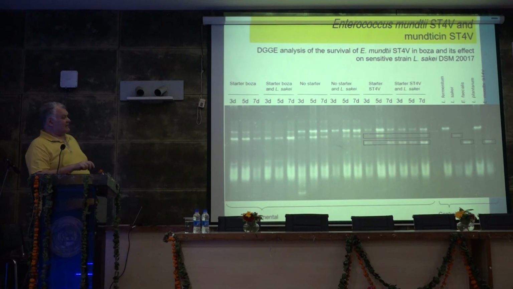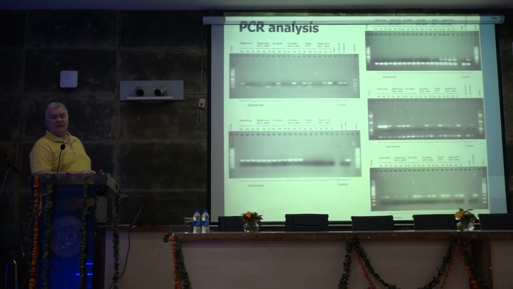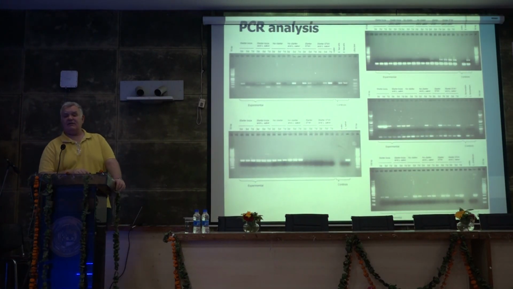But then we were worried because of the same position, some presence, and we were performing simple PCR with species-specific primers, targeting specifically Enterococcus multi, Enterococcus fecalis, Enterococcus faecium, Lactobacillus plantarum, all these things.